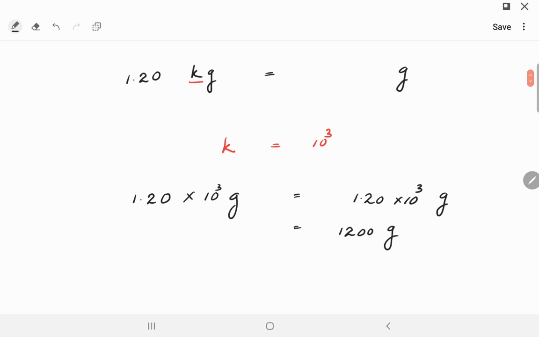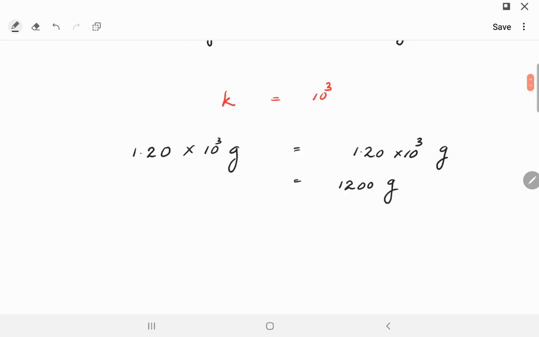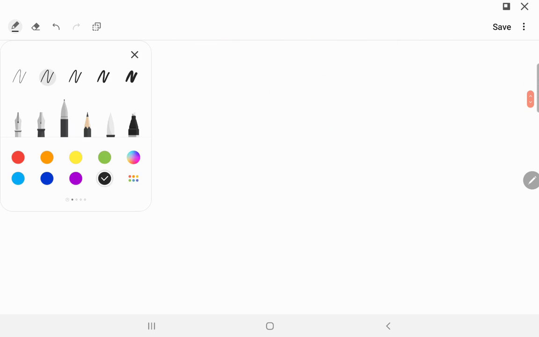Alright guys, there is also another way to do this, which is the conversion factors. The conversion factor is kilo equals 10 to the power 3. This is the relationship that we need. We read it from the table that I have given you and you will memorize it, of course.